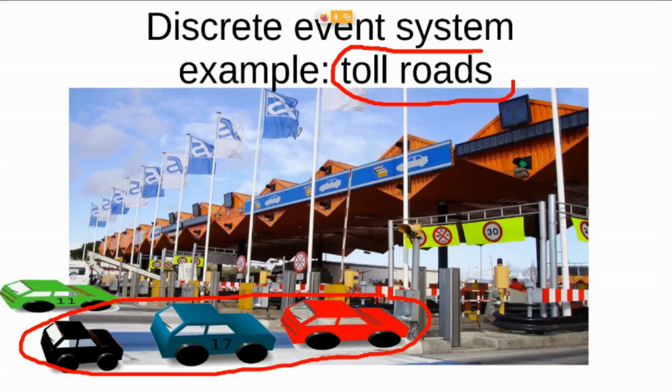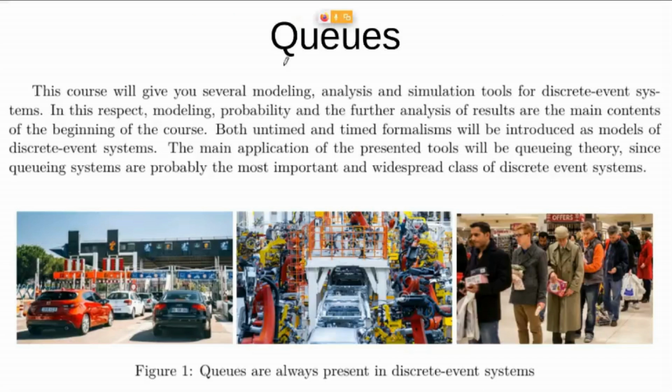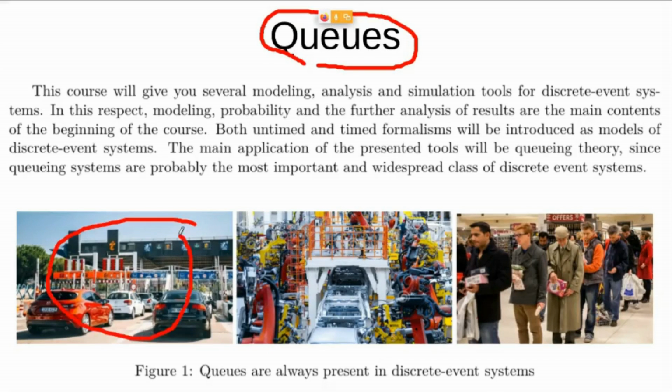So the interest of discrete event systems will be the study or the analysis of queues, bottlenecks, deadlocks. So the most important thing in discrete event systems will be the study of queues. Here you have the toll road, here you have a manufacturing process, production process, and here you have the queue in a supermarket cash section.